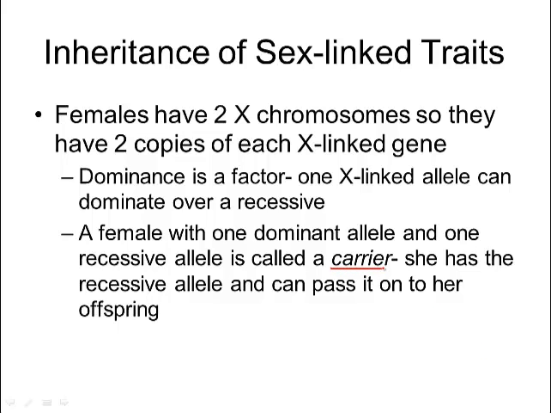A carrier is an individual that has a dominant and a recessive, so they're heterozygous. That means that she has the recessive allele and can pass it on to her offspring, but she doesn't actually show that trait. And we're going to talk about a couple of different disorders that are on the X chromosome that could get passed on by moms to their sons, typically. Okay, so let's take a look at what that would look like.